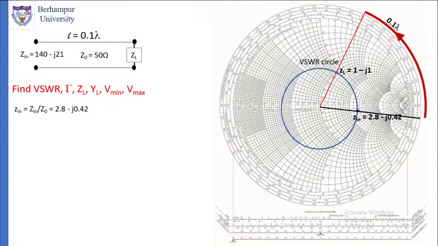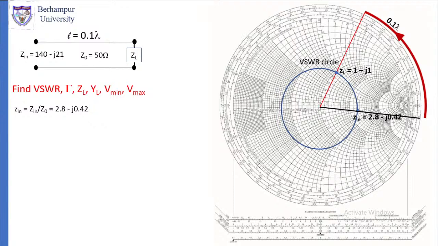That line will cross the constant VSWR circle at the point ZL. As you remember, along the transmission line, the VSWR remains constant. So VSWR at Zin is the same as VSWR at ZL. Therefore, ZL and Zin both will have the same VSWR.